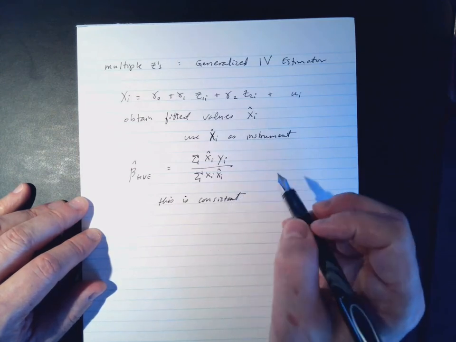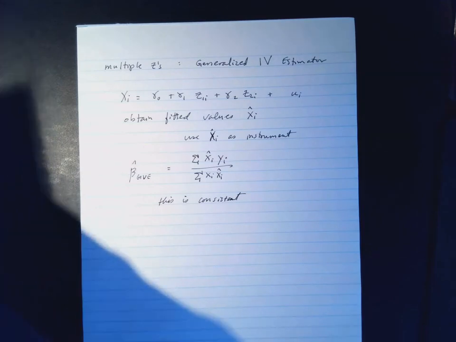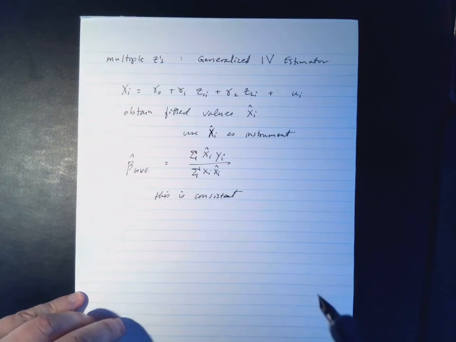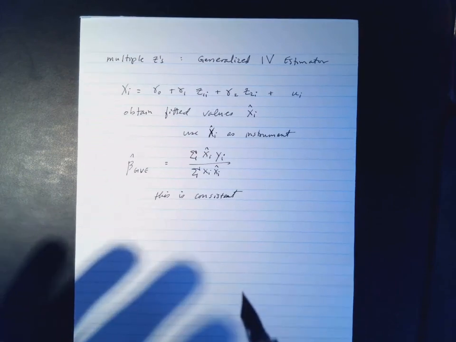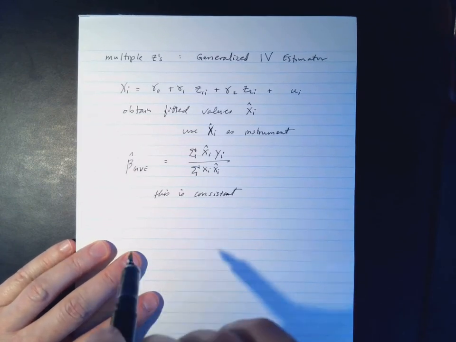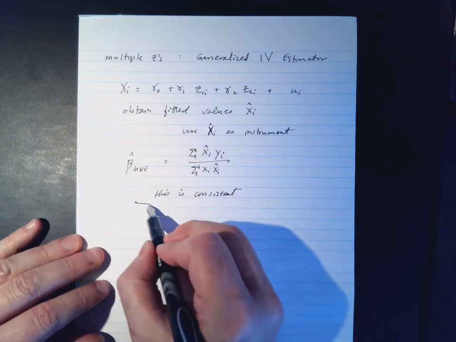It is a consistent estimator. So that's how we deal with the random x problem. The random x problem often arises from endogeneity. It can arise from other problems as well.